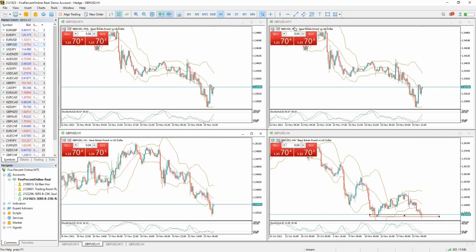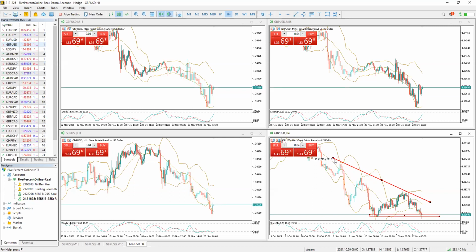The trend is still very bearish for the pound, and the dollar is very strong recently. So it would be a hard bet to make. It would be very hard to make a buy here. If you want to make a buy, it would be only for a day trade or a scalper.